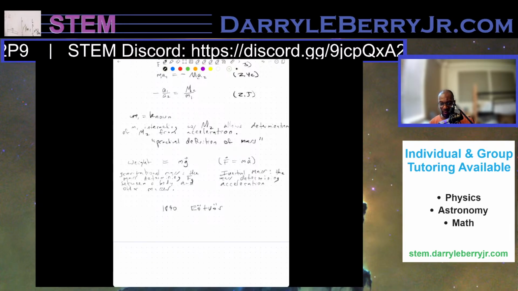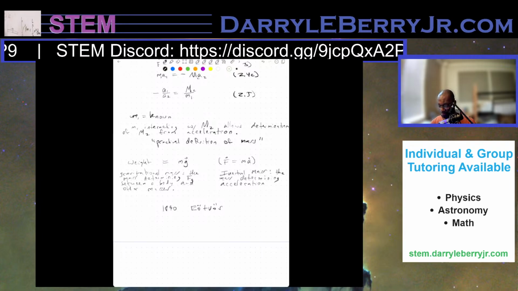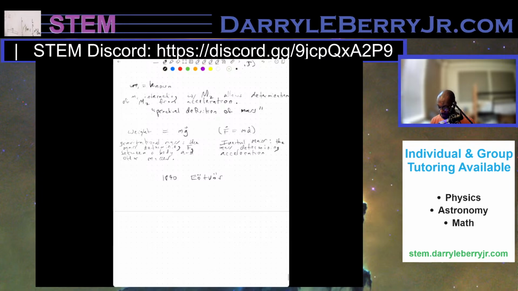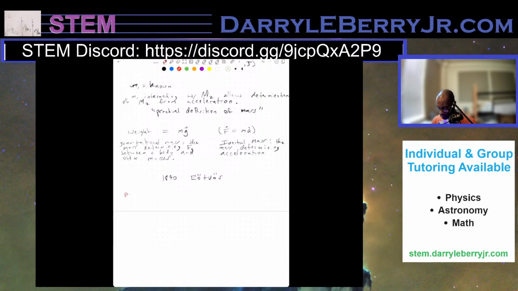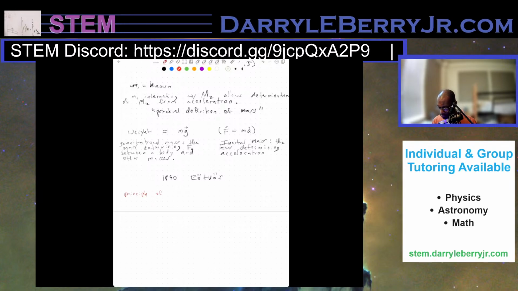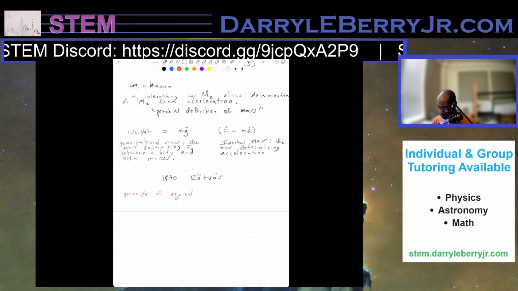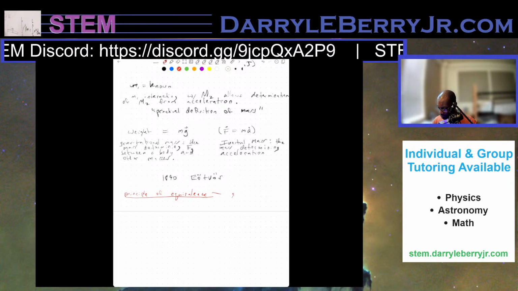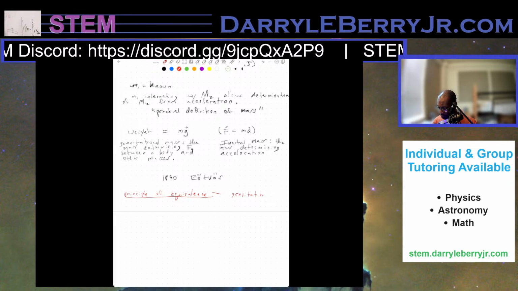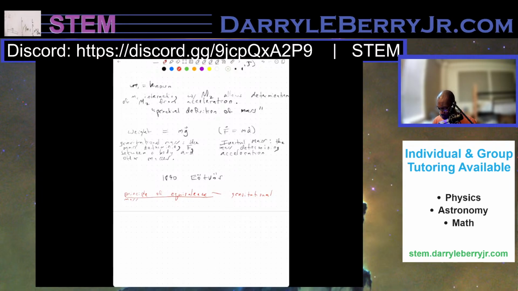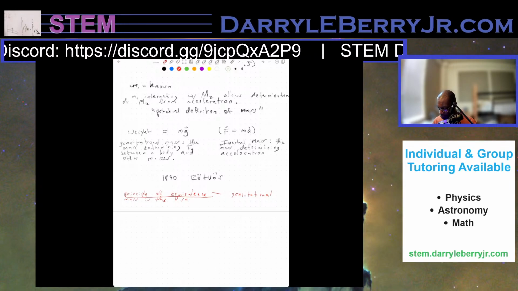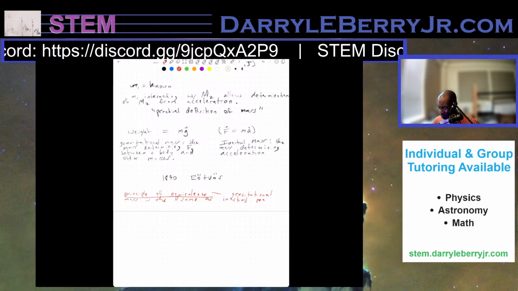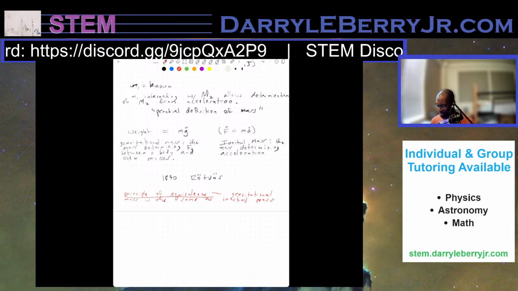The assertion of the exact equality of inertial and gravitational mass is termed the principle of equivalence. So gravitational mass is the same as inertial mass.